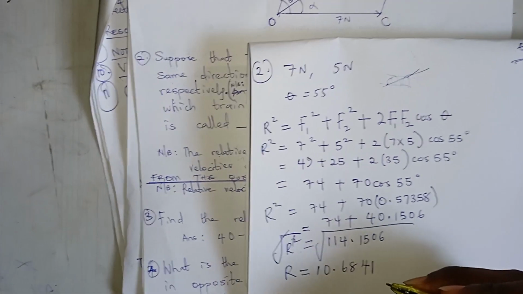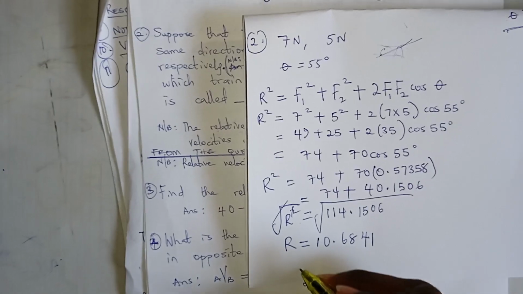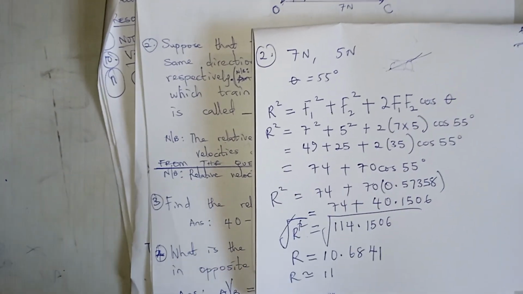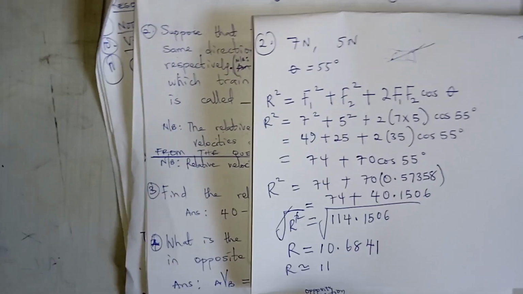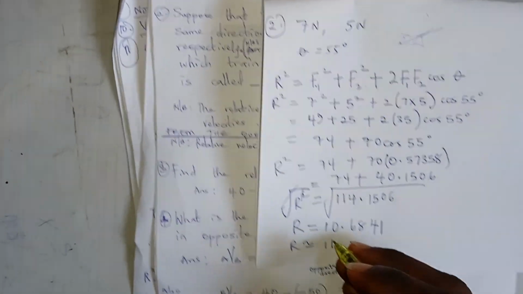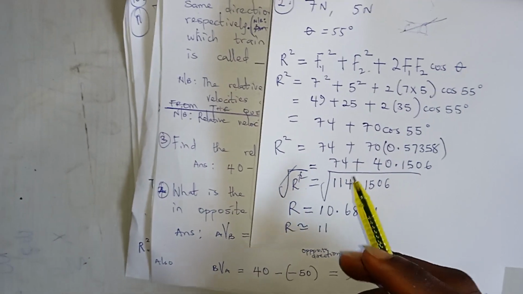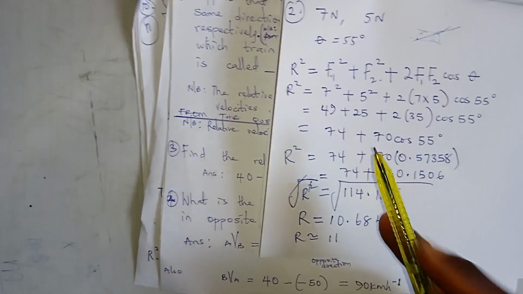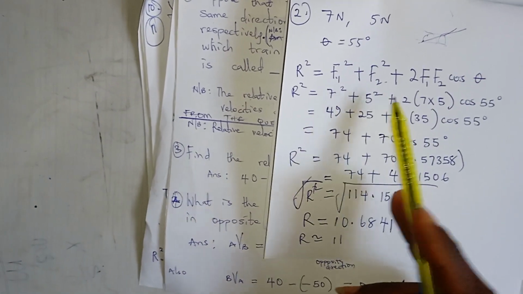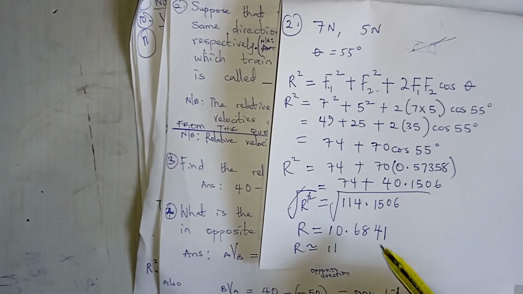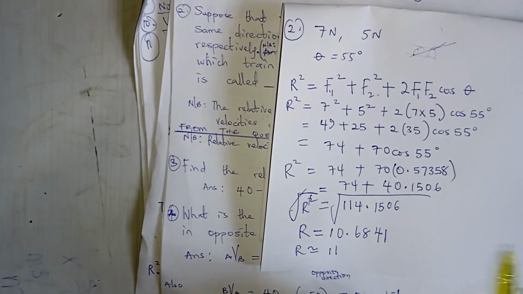So this is 10.6841. So r is approximately 11, and you know that since this is force, the r is always the displacement. So it is when you're bringing these two forces and making it the same thing as just one force.